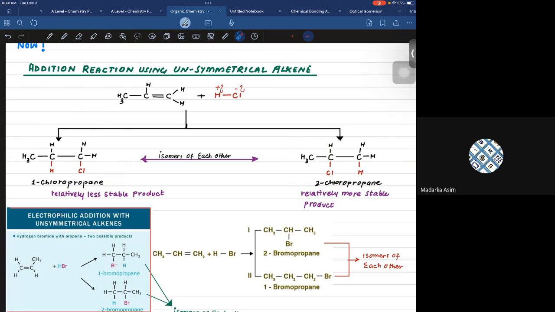And here chlorine is attached to the carbon which is having two hydrogens. So this is the difference between these two compounds.